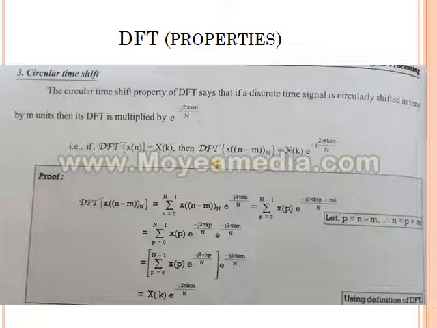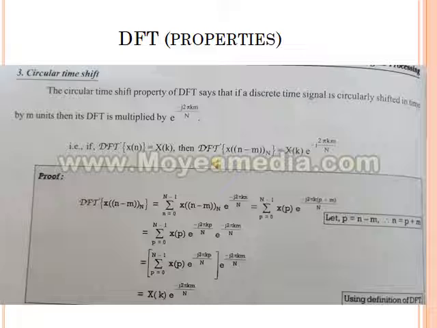So this is in the form of a circle. In the case of DFT, it is again in the form of a circle, but it is converted into N points, from 0 to N minus 1, so it is discrete in nature. That is why the shift is circular.